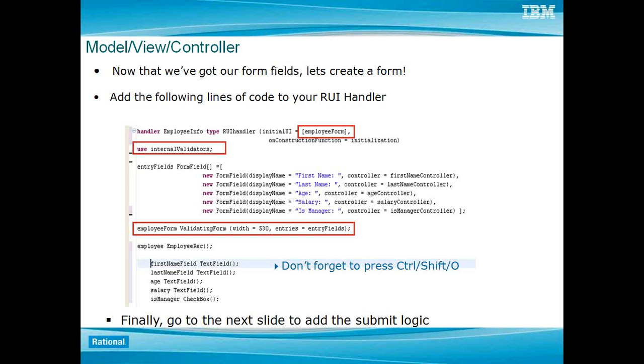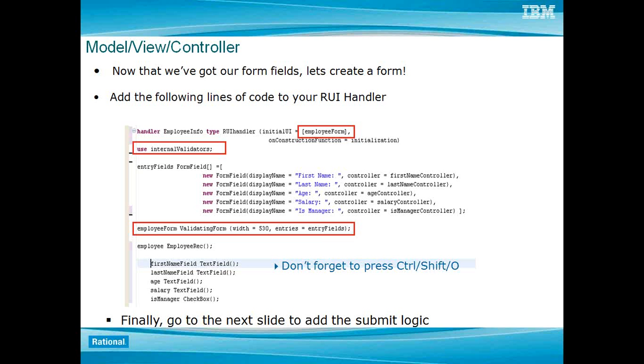Same way, we created an employee form. Its type is validating form, and we have provided a few properties here, like its width will be 530. So this form will be displayed on the screen with this width of 530 pixels.